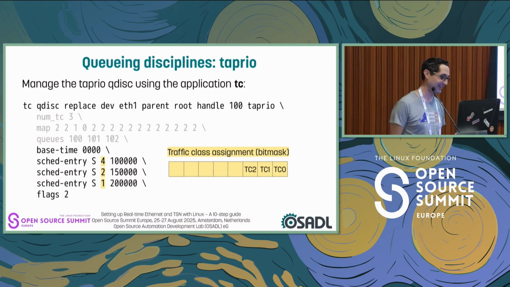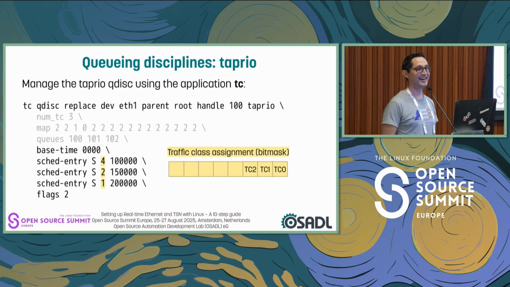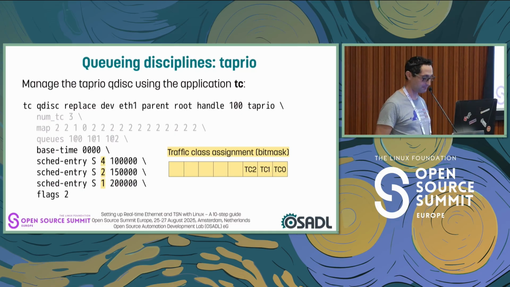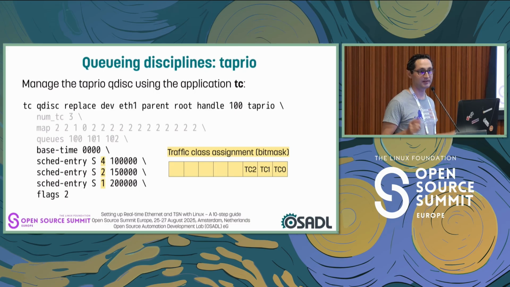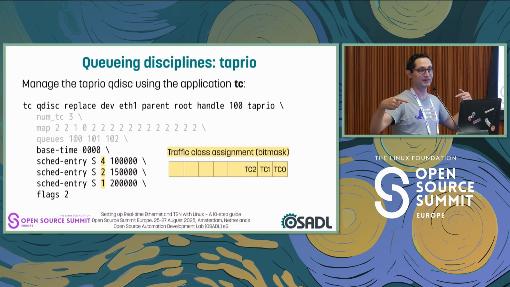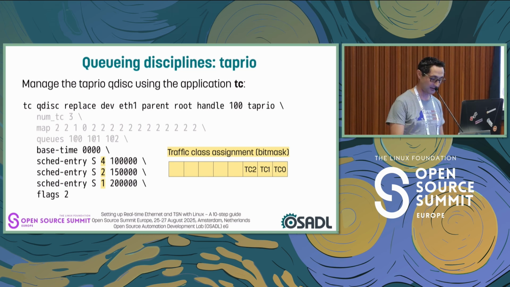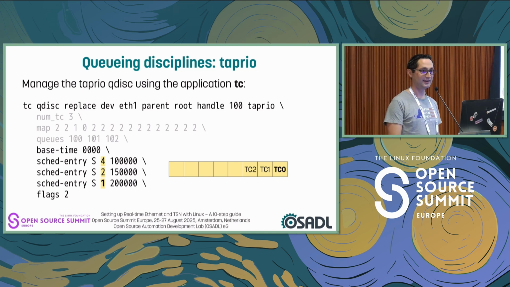It's a bit mask. The idea is that you could even combine traffic classes in one schedule. So most probably that was the reason why they decided to make it a bit mask. So that means the 1 here stands for traffic class 0. The 2 is traffic class 1, and the 4 is traffic class 2.